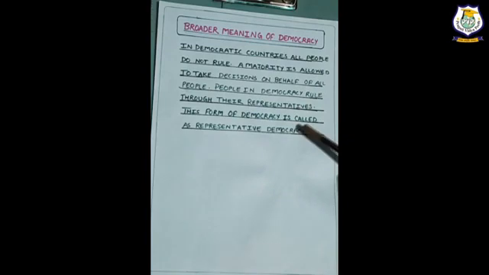This form of democracy is called representative democracy, as many people participate in it and they choose their ruler themselves. In this way, they cannot sit together and form law. So on behalf of the people, the representative takes decisions and rules over the country.